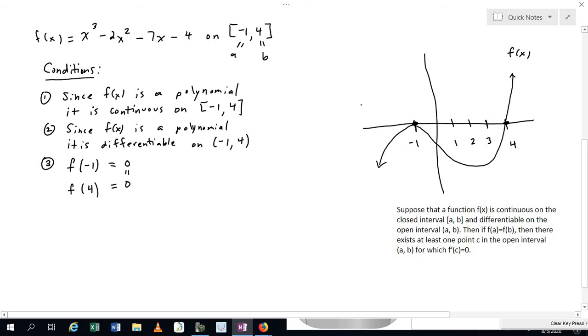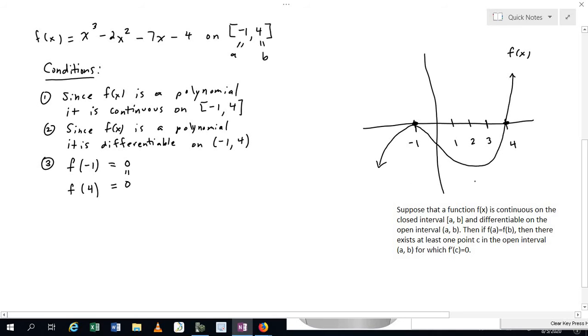They're both 0. You can see that it's continuous from -1 to 4, and you can see that there's no sharp corners anywhere in between, so it's differentiable in between. So you can sort of see visually that these three conditions are satisfied.